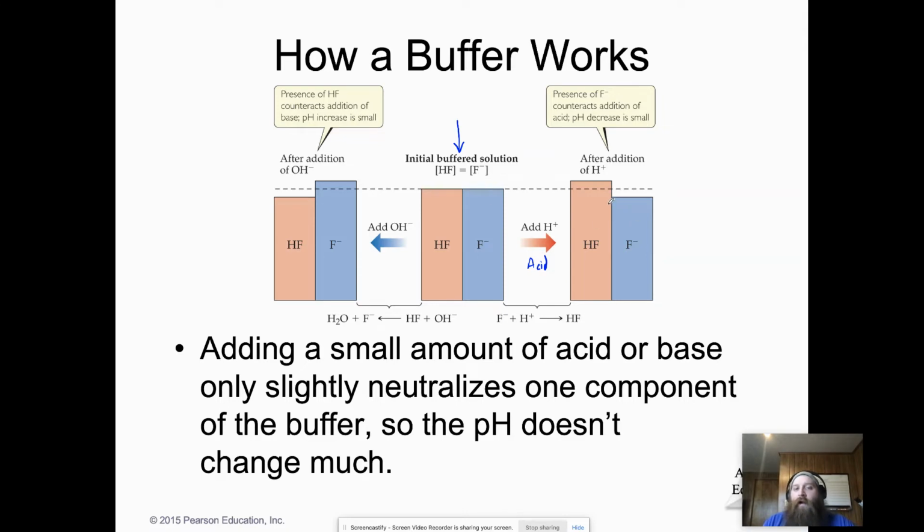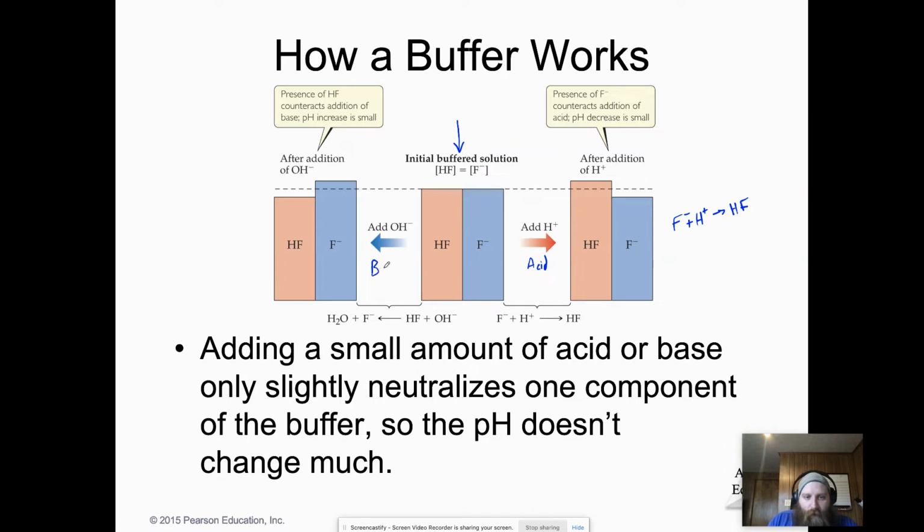And that's going to counteract the addition of that hydrogen, because the F minus and the H plus are going to give us HF. And so instead of going all the way up here, you're going to have this nice buffered solution. It's going to resist the drastic change in pH.